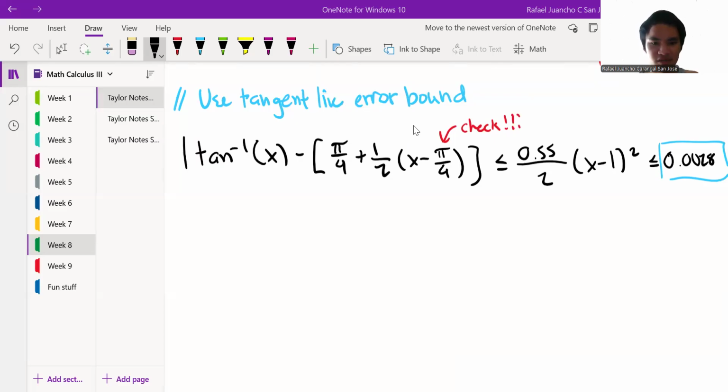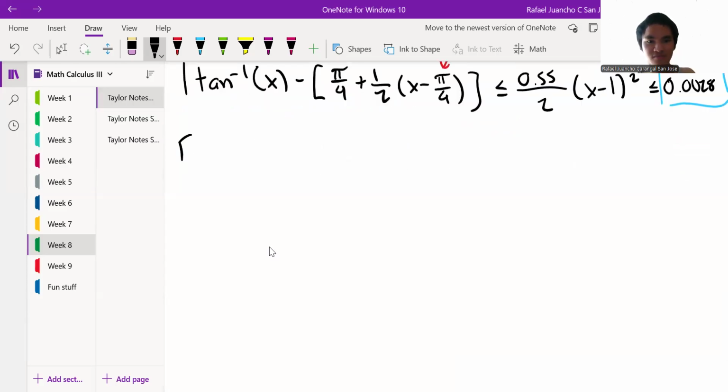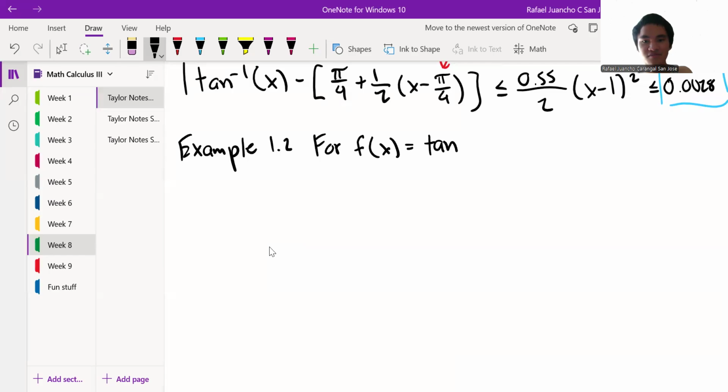Okay, this is, I believe, the last example for at least this notes, and I'm going to move on to section 2 after. So 1.2. Let's use that same inverse tangent function. Now I know why they're making us do this, because this one's a really complicated function.